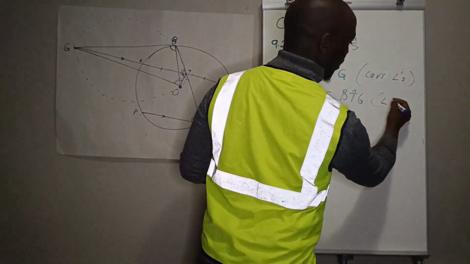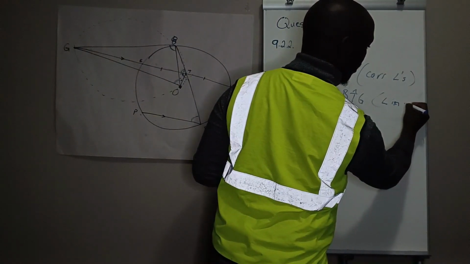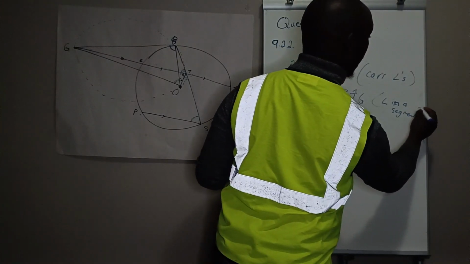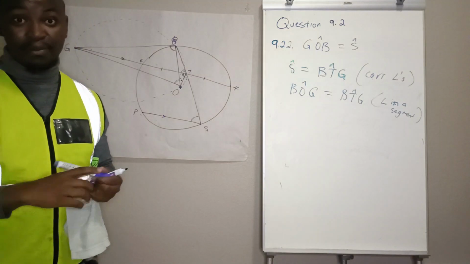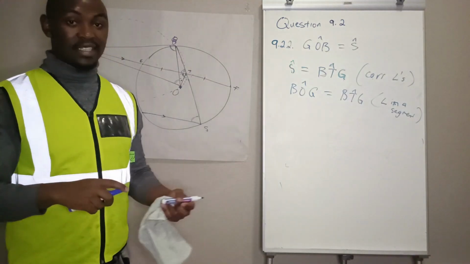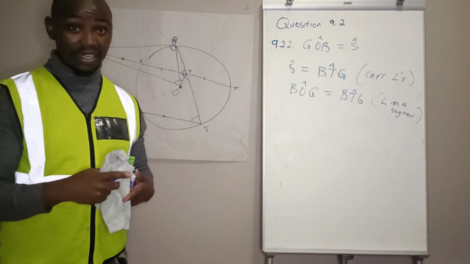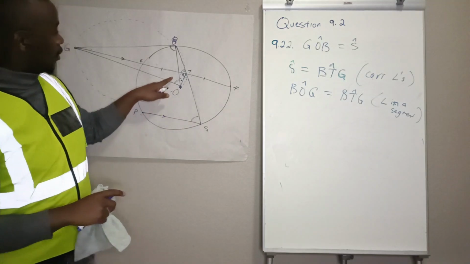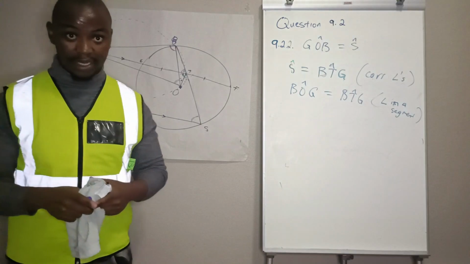So, angles in a segment. That's another reason, or a better way of saying butterfly. You can go and research what a segment is, but the best way to understand is that those two angles are subtended by the same arc and therefore are equal, if indeed OTBG is a cyclic quad.